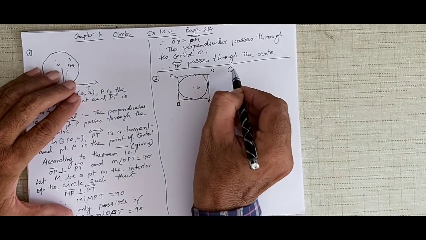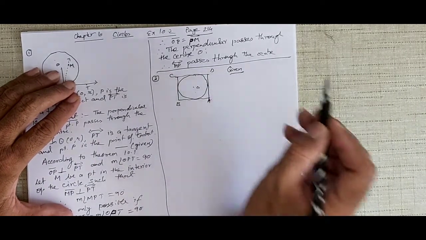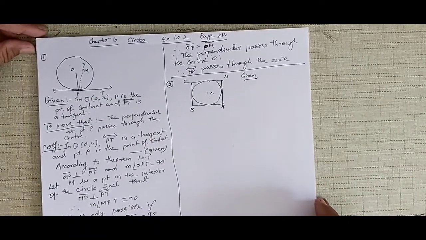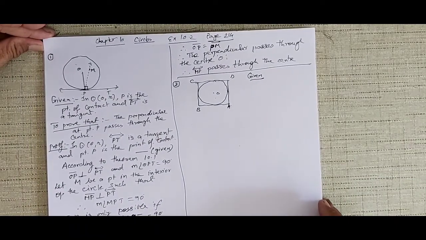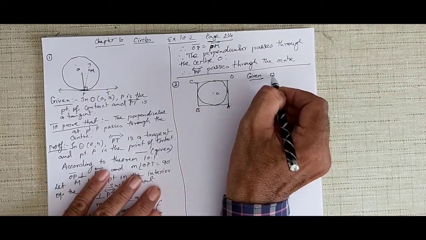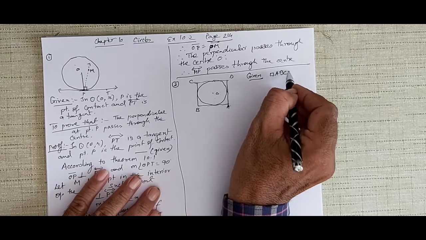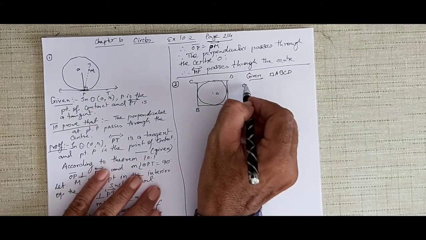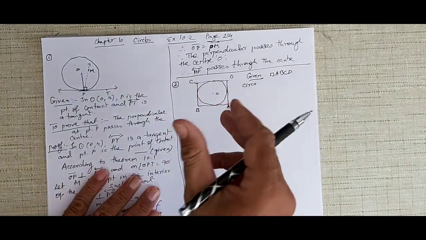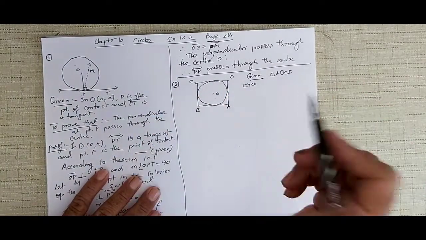Now what are we given here? We are given that quadrilateral ABCD circumscribes, that means it is outside. To inscribe means to be inside, circumscribe means to be outside.